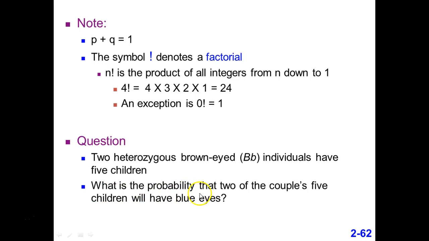What is the probability that 2 of the couple's 5 children will have blue eyes? So when you have a set like that and you want to know a particular question about that set, does that make sense to you guys?